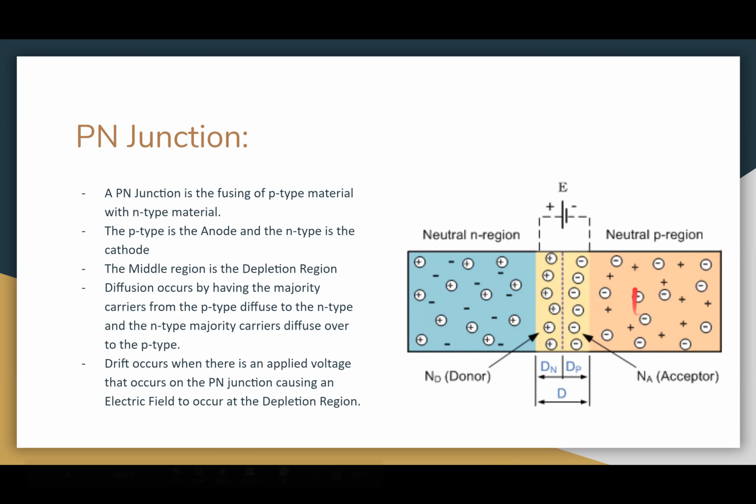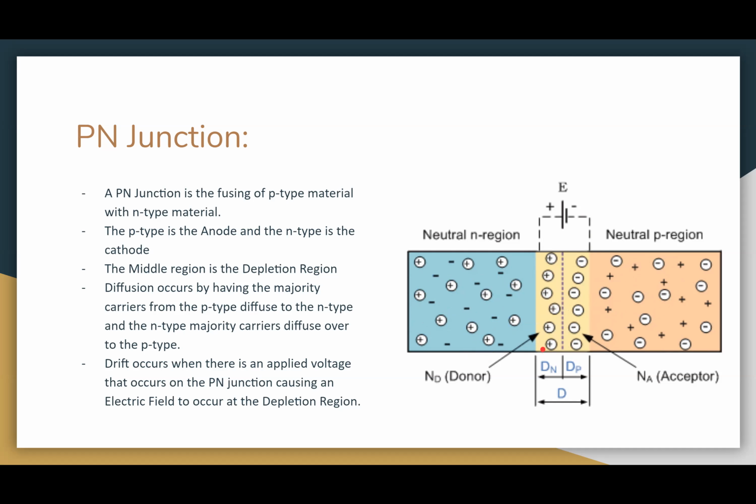And drift, in our case, would occur when this whole diffusion process is going on and we have these ions meeting in the depletion region, right? So this will induce an electric field, thus causing drift to occur.